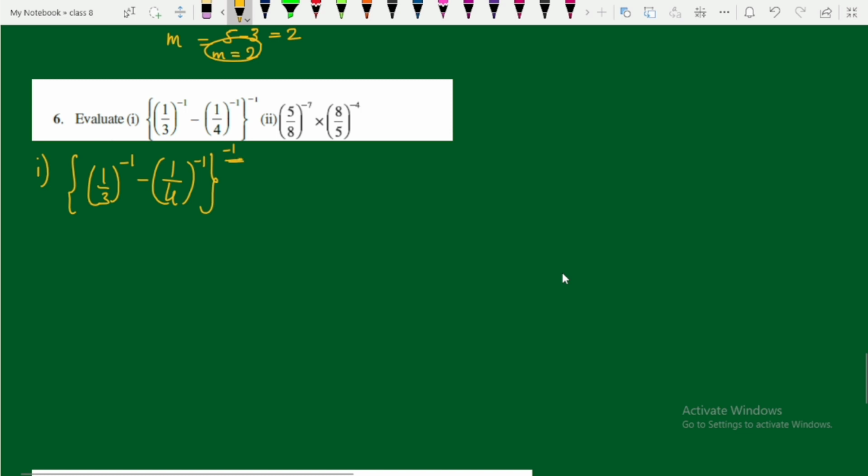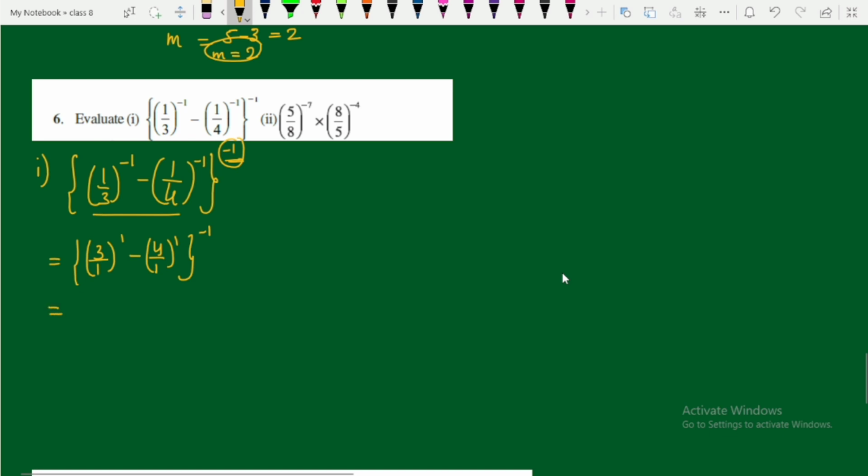So before going for this power, you can first simplify inside the bracket. You put the bracket and power as they are. So 1 upon 3 raised to minus 1, we can write as 3 upon 1 raised to 1. Same way, 1 upon 4 whole raised to minus 1, we can write as 4 upon 1 whole raised to 1.